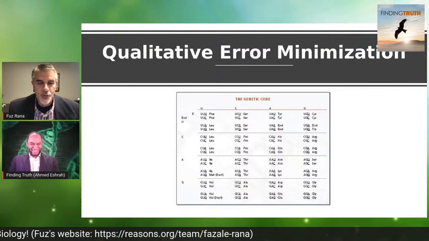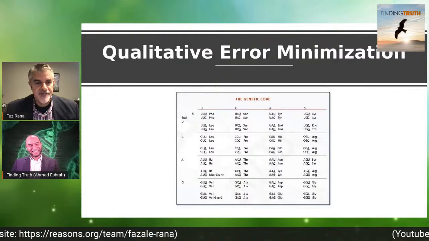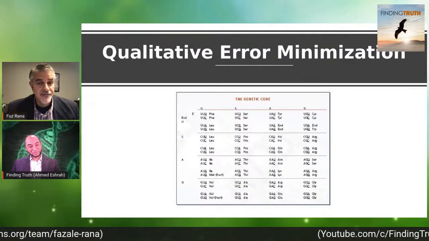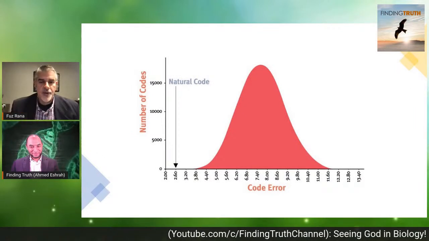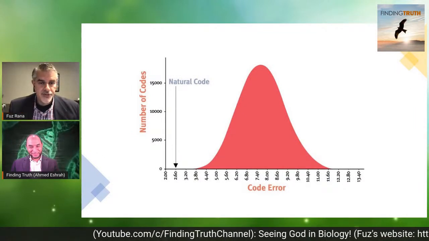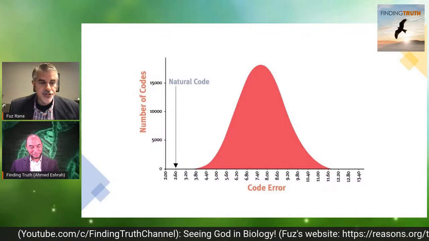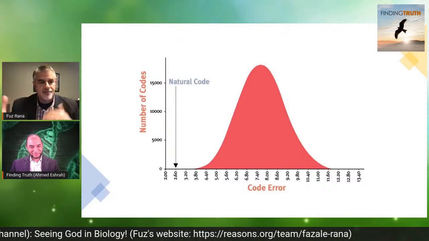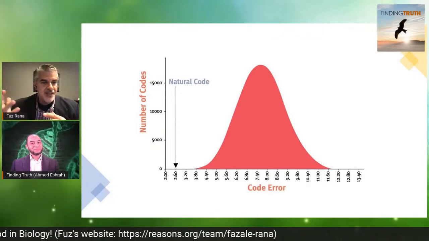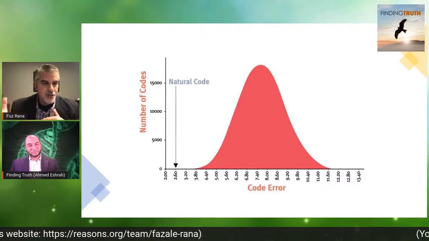Yeah. Well, what's interesting is that there have been biochemists that have now quantified the error minimization capacity. And I won't get into the details of how they went about doing it. But in one particular study, the researchers generated 1 million random genetic codes where they just randomly assigned the codons to amino acids.